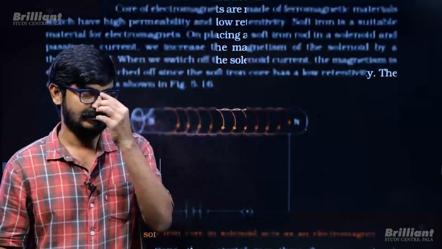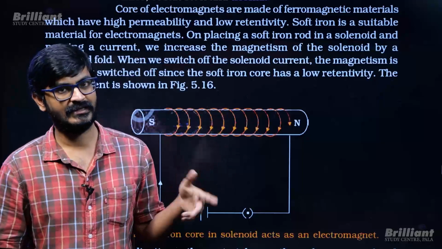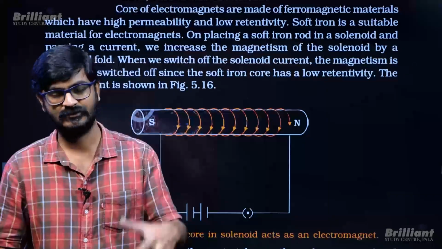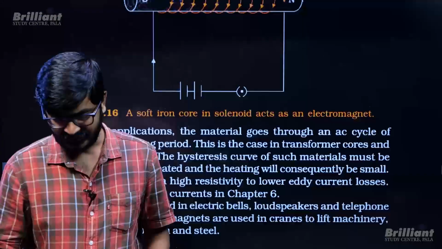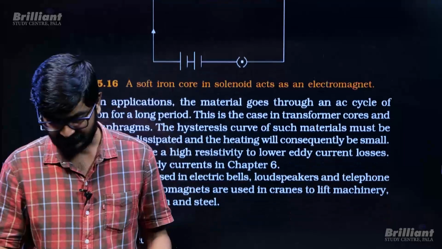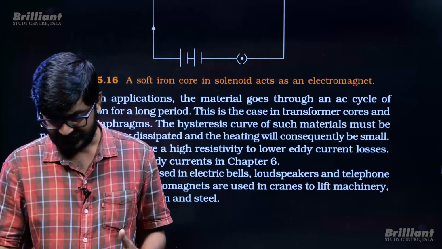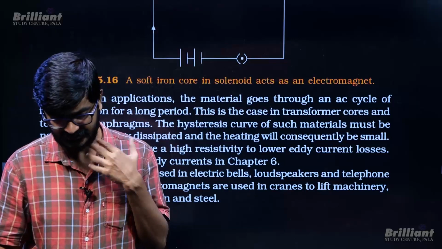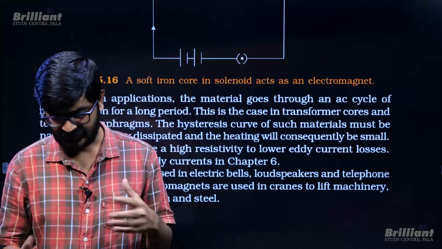See, actually, hysteresis curves exist for materials. From there, we can choose, based on which hysteresis curve, which material is going to be useful. In certain applications, material goes through an AC cycle of magnetization for a long period of time. This is the case for transformer cores and telephone diaphragms. The hysteresis curve of such materials must be narrow.